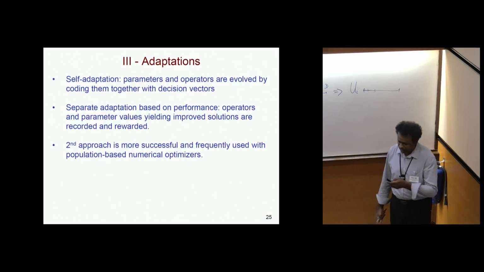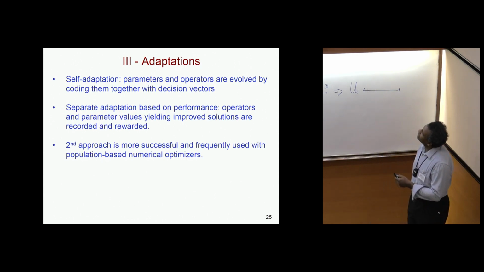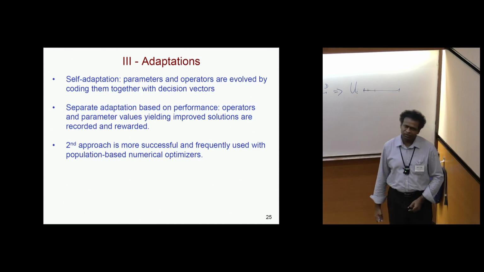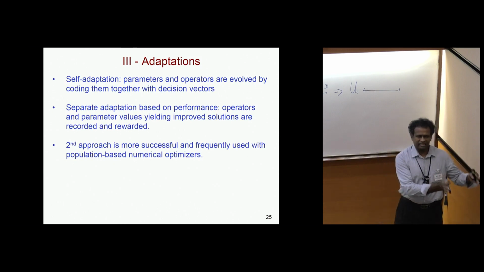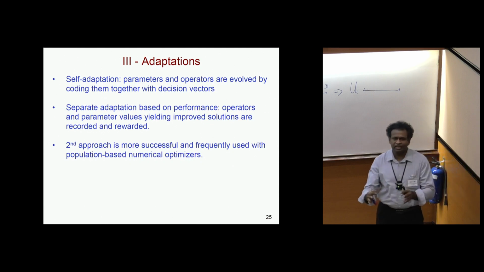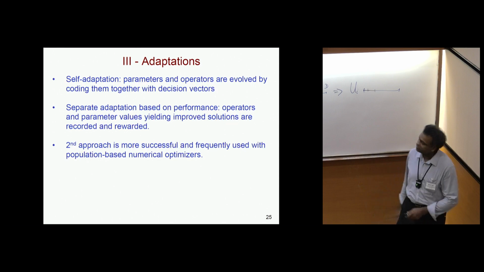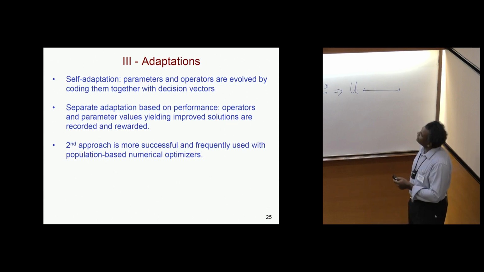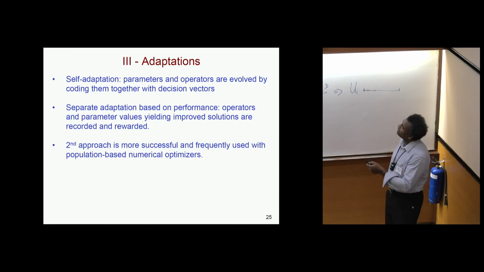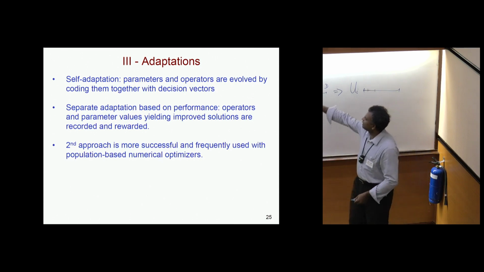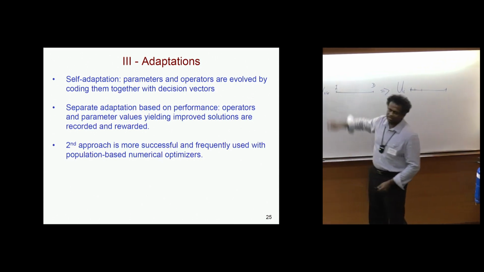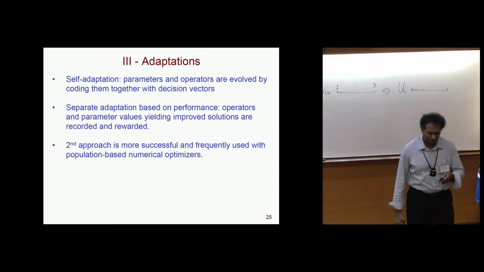So, that is more effective. This is basically called performance feedback based adaptation. You look at the performance in the recent past and then make use of that information to select operators going forward. So, the second approach is more useful and it is more frequently used. Nowadays people don't frequently use self-adaptation with this solution string. Adding the operators with the solution string is rarely used nowadays.